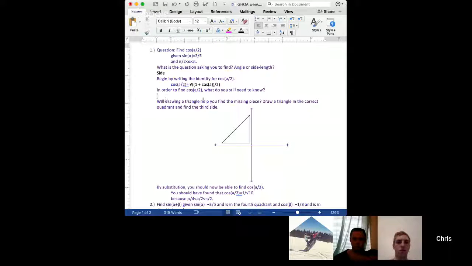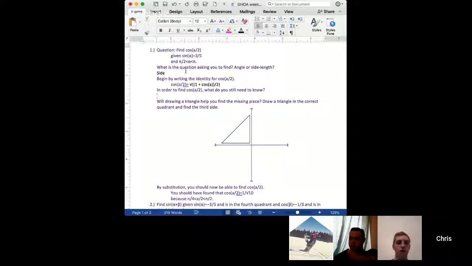It says, will drawing a triangle help you find the missing piece? Draw a triangle in the correct quadrant and find the third side. So, do we need another side? Because we have the angle, and then we found one side. Would we need the second side to be able to find the third side? Well, yeah, if you're doing the Pythagorean theorem.